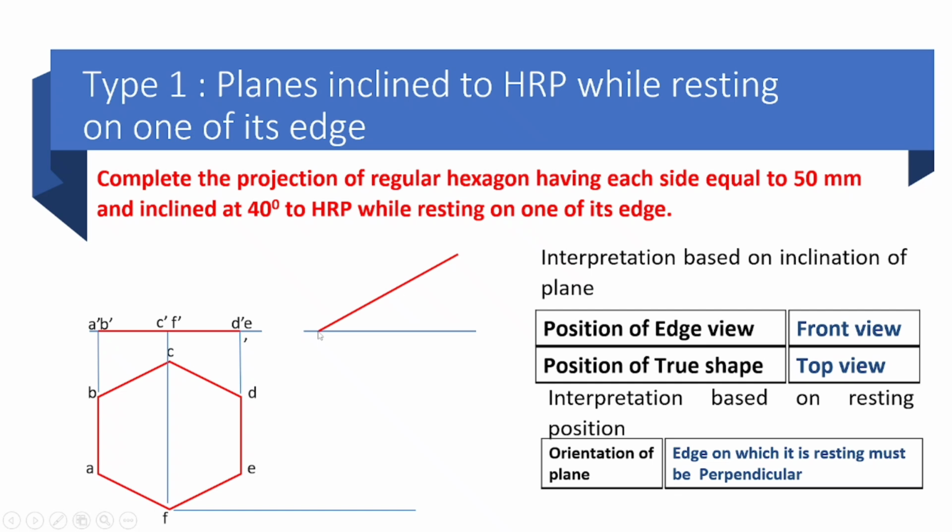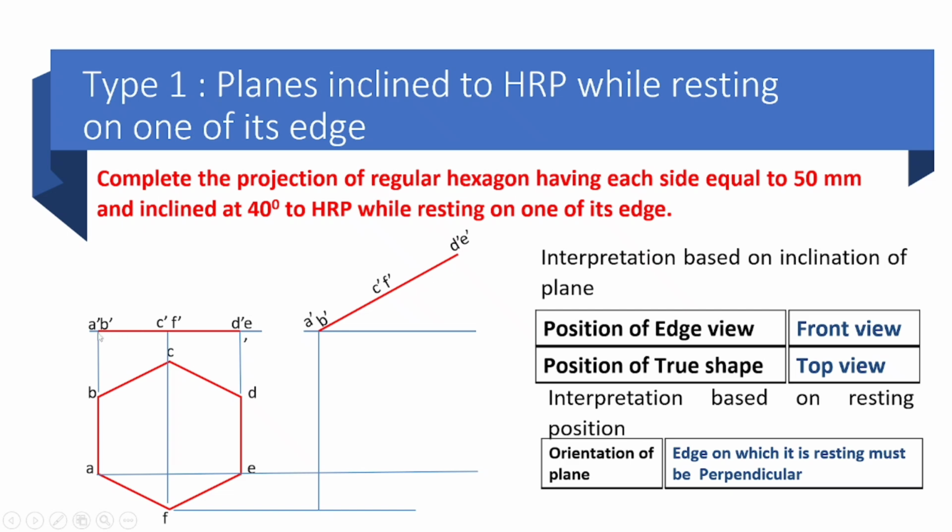The plane is resting on one of its edge. So A dash B dash is on the plane, where it is resting. Then transfer other points C dash, D dash, E dash and F dash as it was shown. Then let us complete the top view in this position.